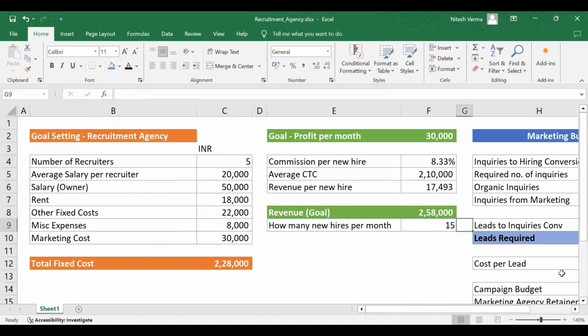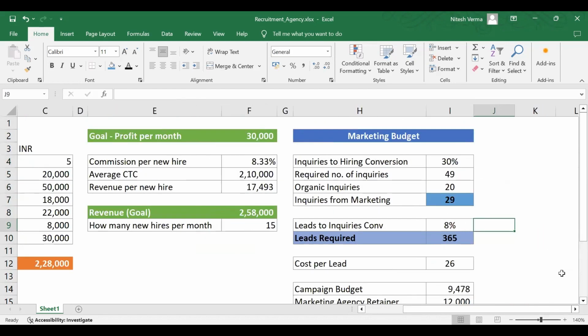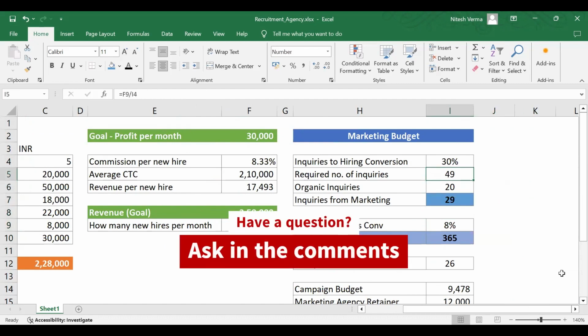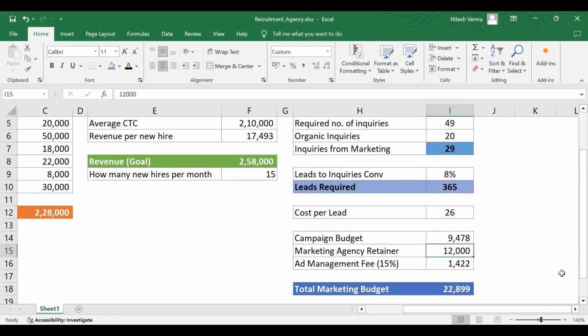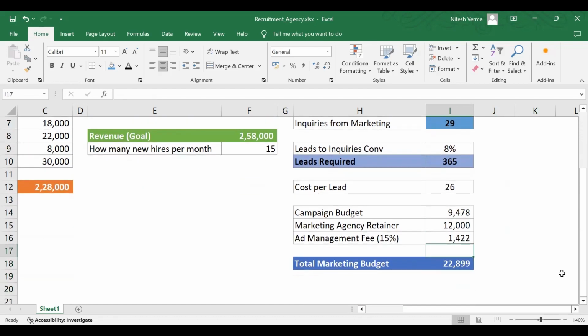So 15 per month. So approximately 4 every week. And she needs to generate about 50 inquiries, out of which 20 would be coming organically, personal connections, repeat inquiries, about 30 inquiries from marketing. She needs to have a marketing agency on board and spend somewhere about 20 to 25,000 per month on marketing.